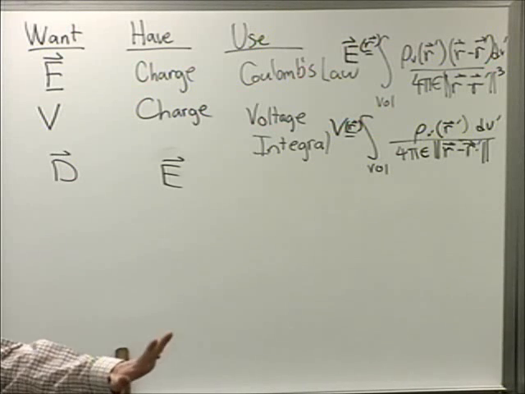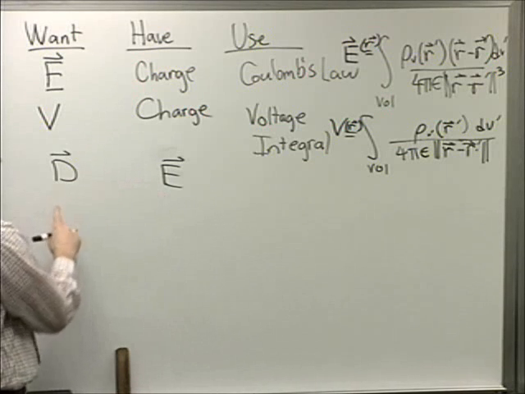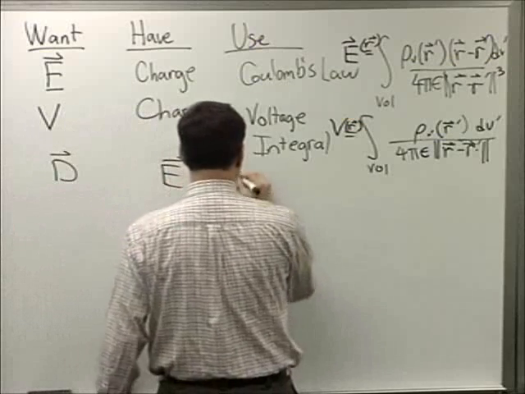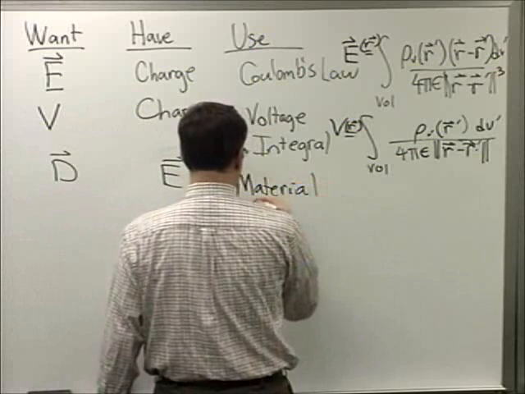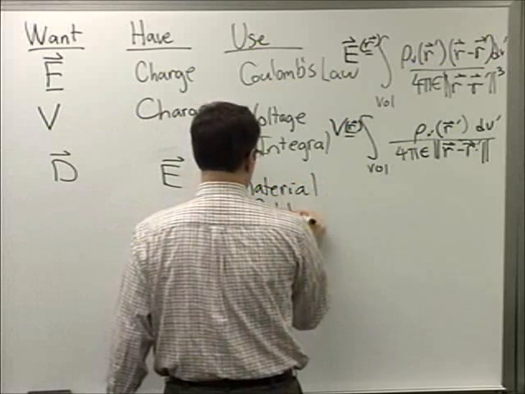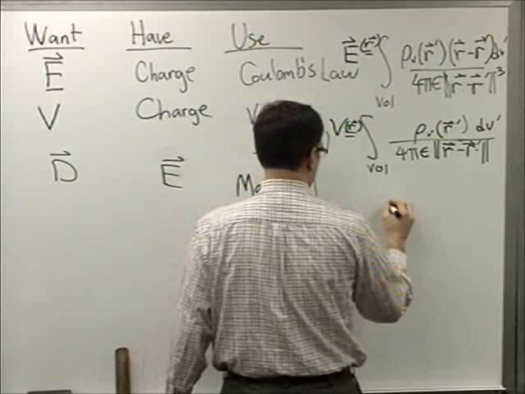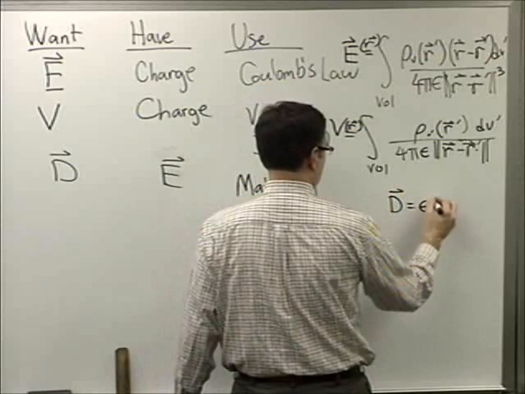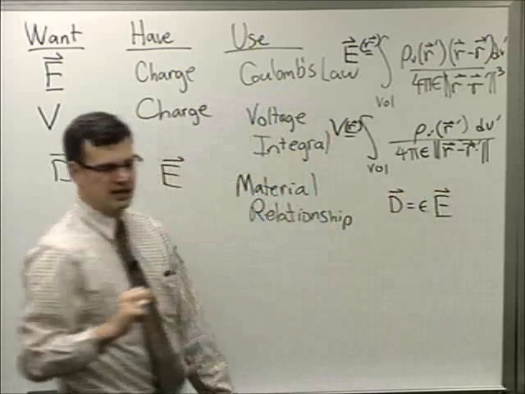Nothing more, nothing less. And if you've got this and you want this, in this class, the only thing you have to worry about is this simple material relationship. D is equal to epsilon times E. Epsilon is a constant.